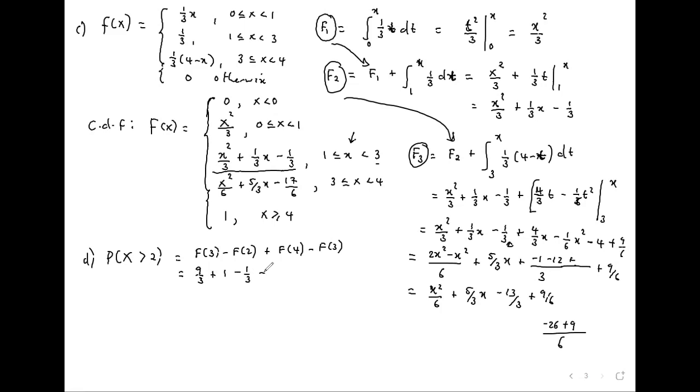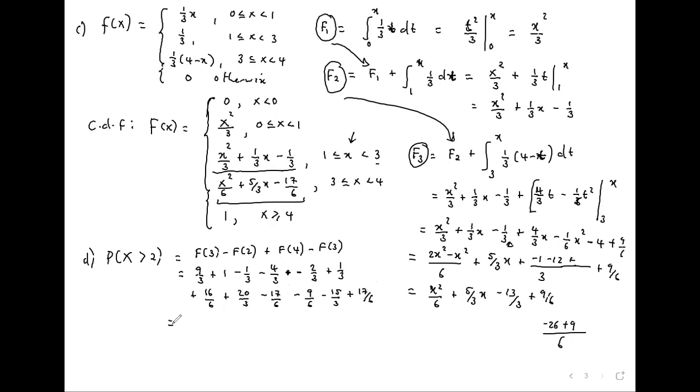And then subtract f of 2, that is 4 over 3, so we're subtracting, so it will be minus 2 over 3, that's when you add now 1 over 3, plus f of 4 in this piece here, so you'd say 16 over 6 plus 20 over 3 minus 17 over 6 minus, you bring 3, so you get 9 over 6, and so you get 15 over 3, and then plus 17 over 6.